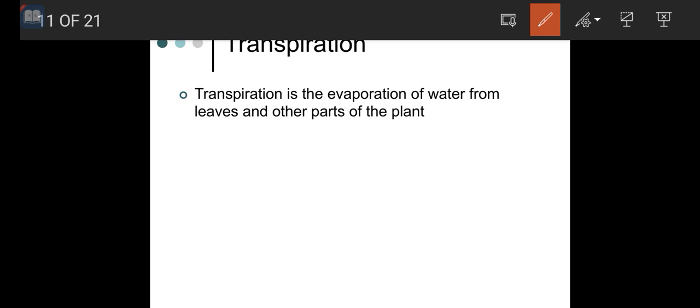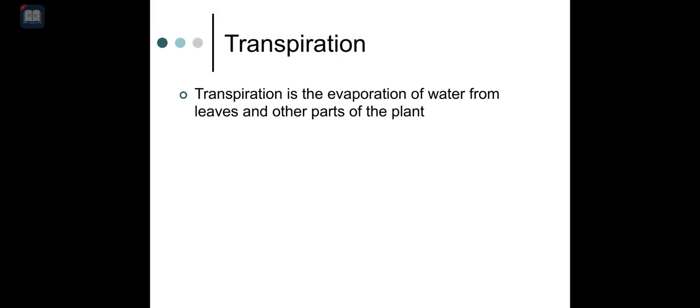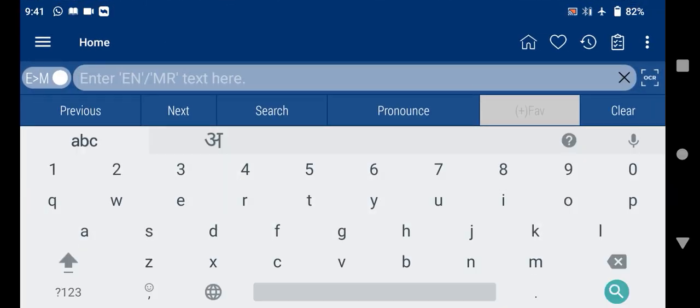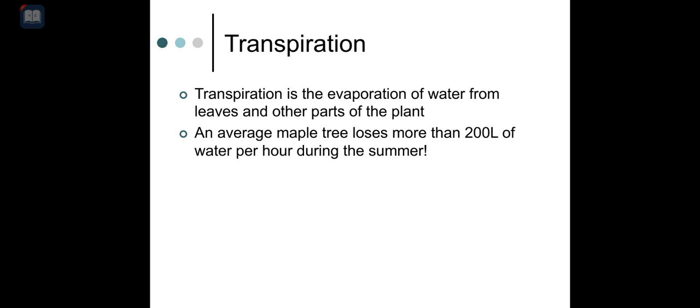This is the transpiration process. Transpiration is the evaporation of water from the leaves and other parts of the plant. We take the maple tree as an example.